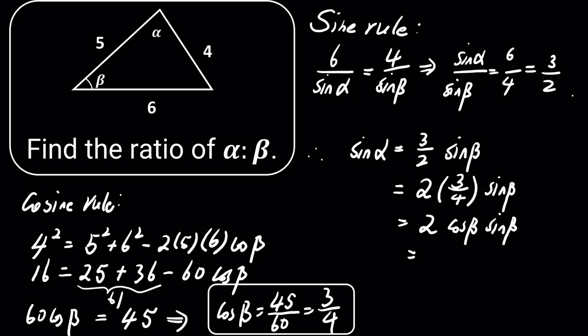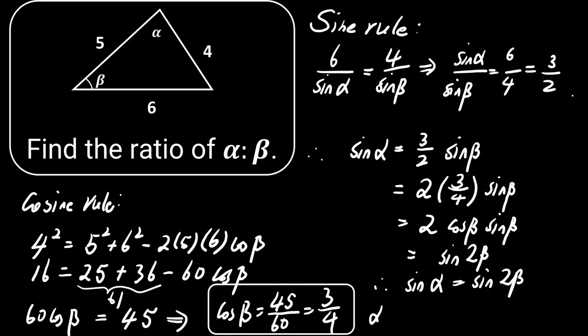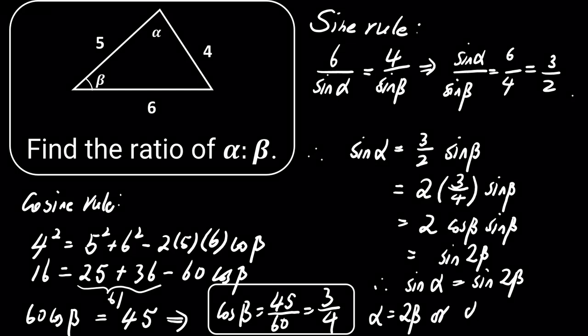And 2 sine cos equals sine 2 beta. So now, sine alpha equals sine 2 beta. This means that alpha equals 2 beta, or alpha equals pi minus 2 beta.